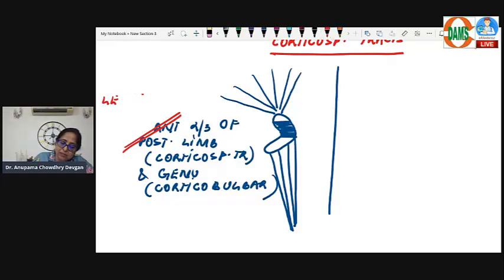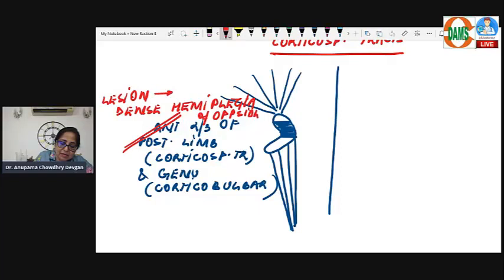A lesion in this area gives rise to a dense hemiplegia of the opposite side. Dense hemiplegia on the opposite side, isn't it? Okay?